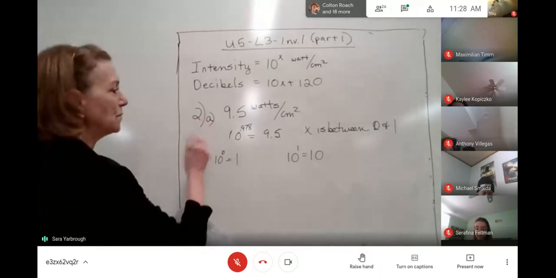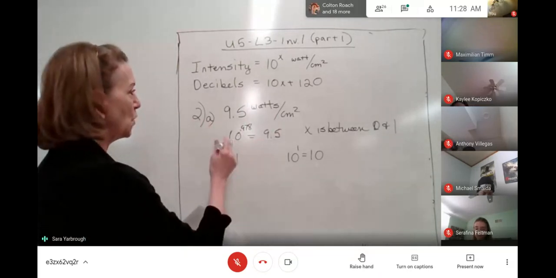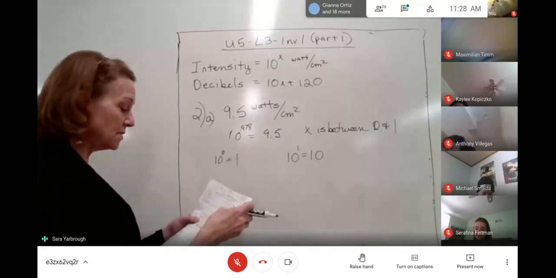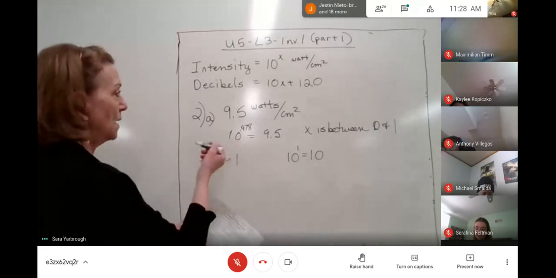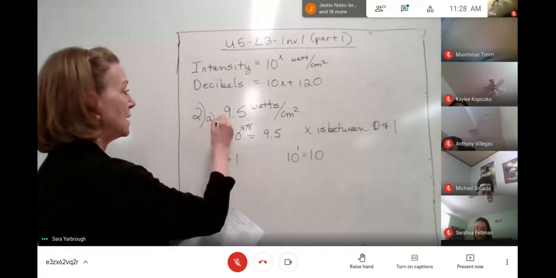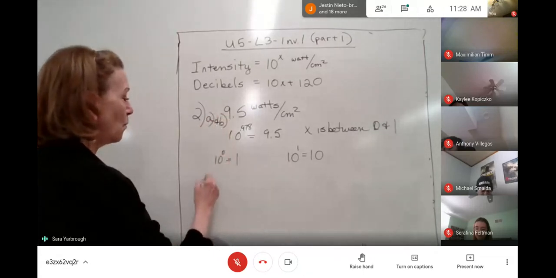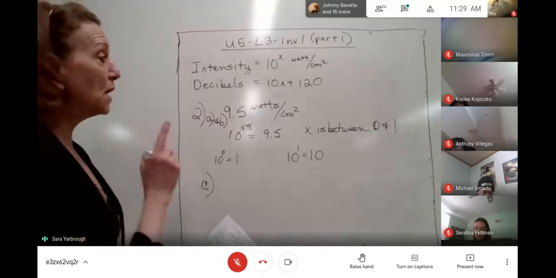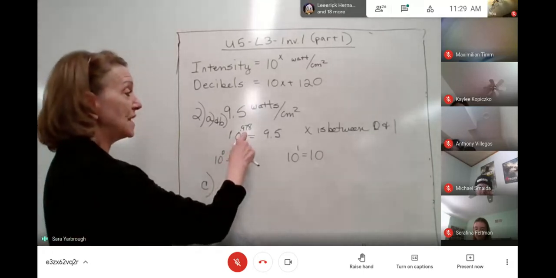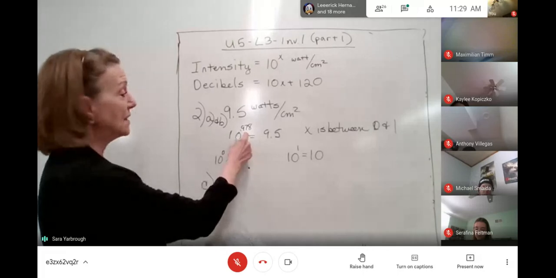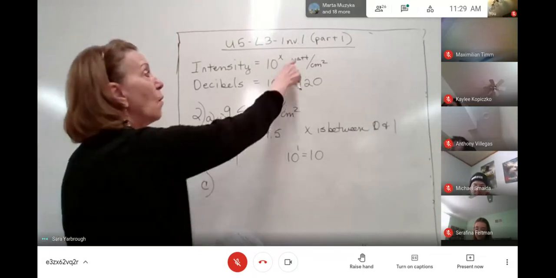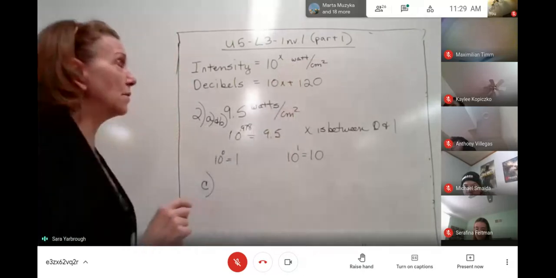All right, so that whole discussion, and coming up with the exponent itself, is A and B together. And now what we want to do on C is, since we know how to measure the intensity, we would say the intensity is 10 to the 0.978 watts per square centimeter.